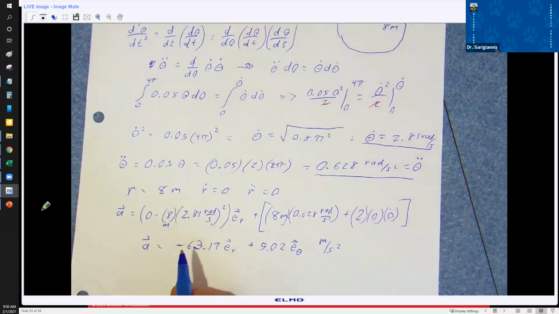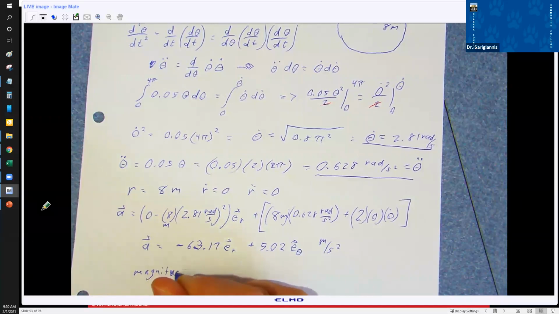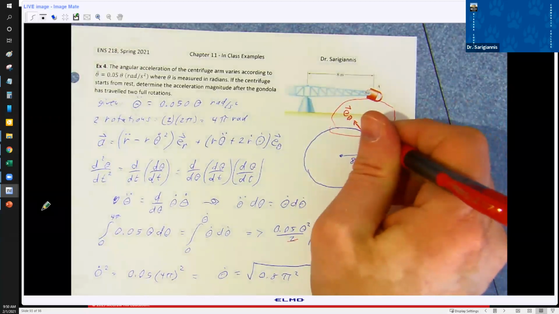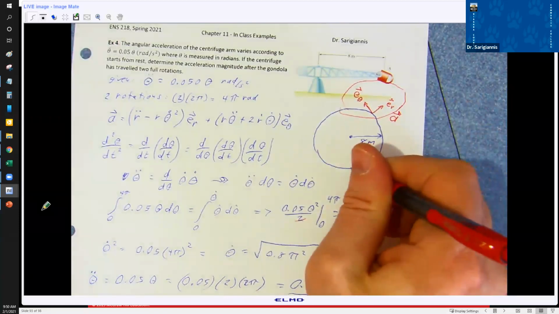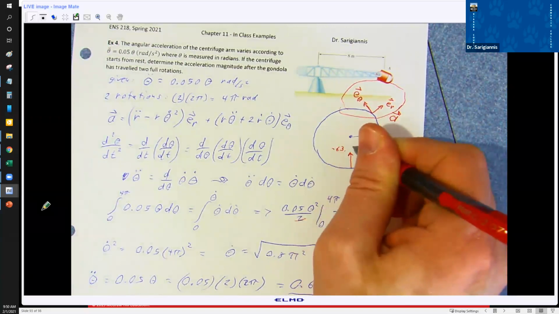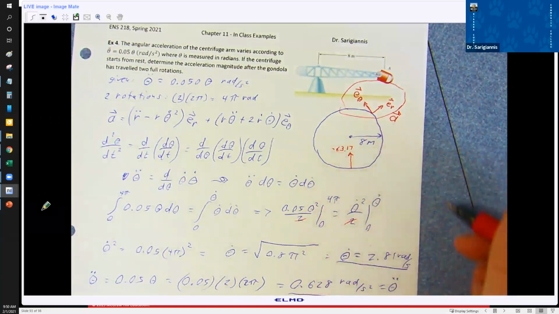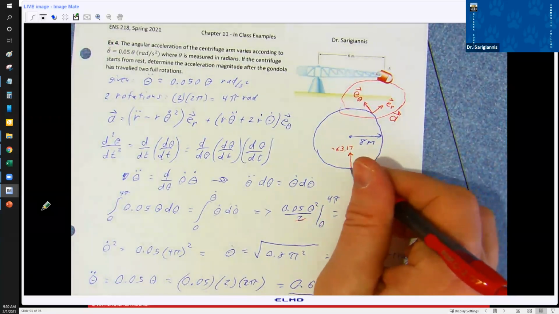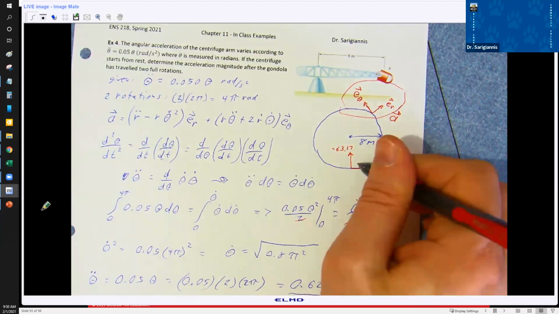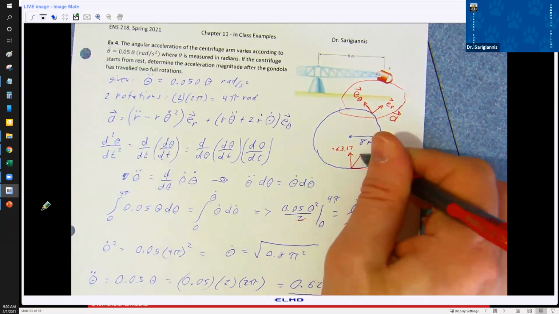So this is your acceleration, and we want to find the magnitude. The magnitude is going to be these vector components. Now let me draw it over here. e r is going to be inwards, 63.17, and then e theta is going to be this way, 5.02. So your acceleration is going to be somewhat like this.